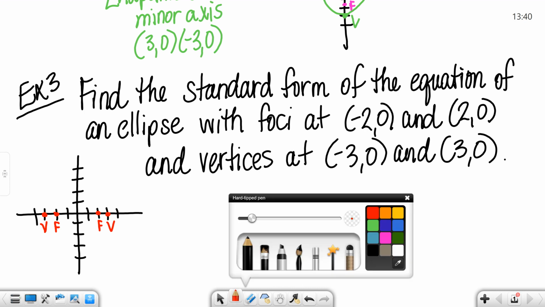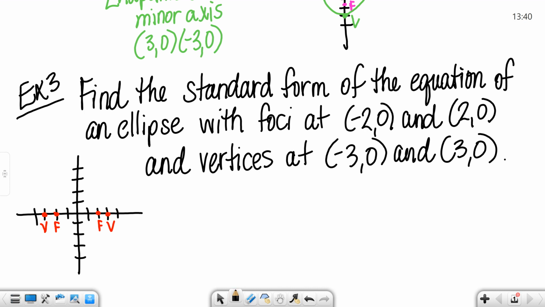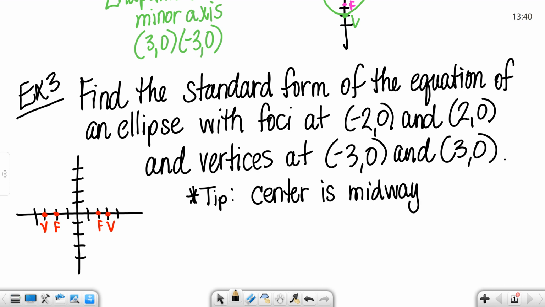So, remember that A is the distance from the center to the vertex. So if I look at my two vertices, it's going to be important for me to know that, a little tip here, the center is midway between the vertices, and the foci for that matter.